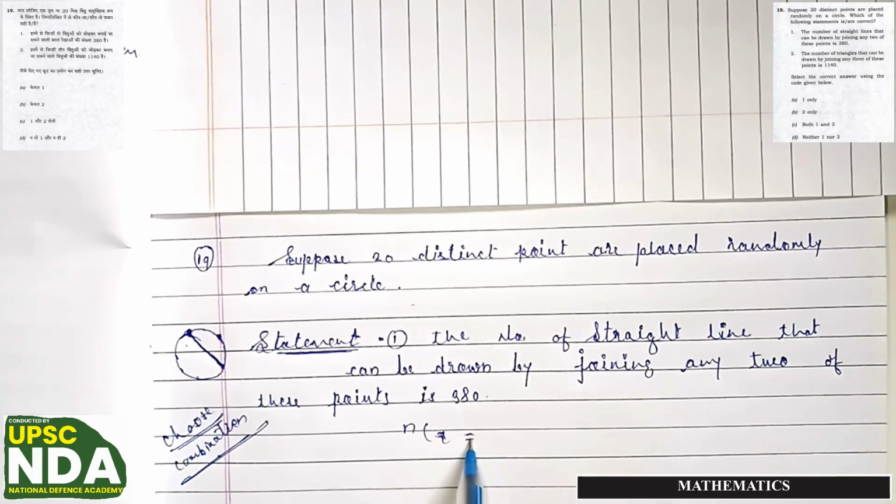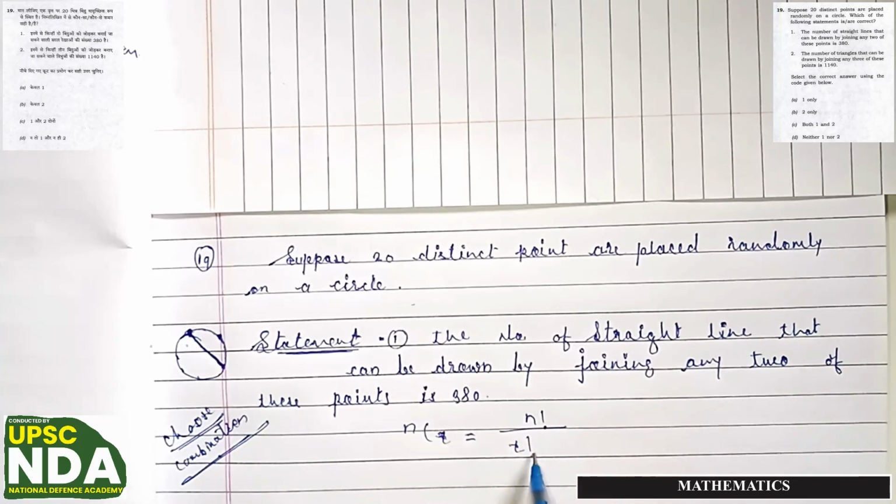What is nCr? It says n factorial upon r factorial into n minus r factorial. This is the standard result for finding the combination of our distribution. We have a selection between 20 distinct points, so that's why I'm using the combination part.